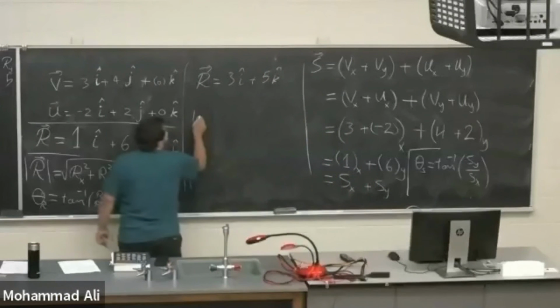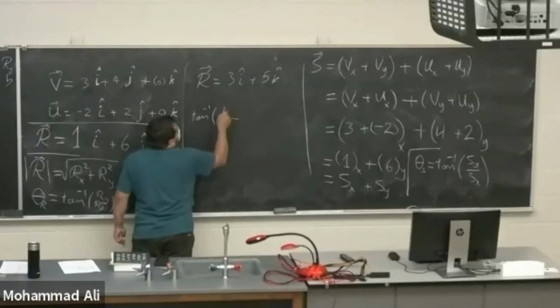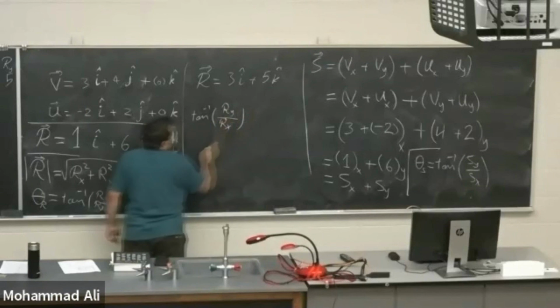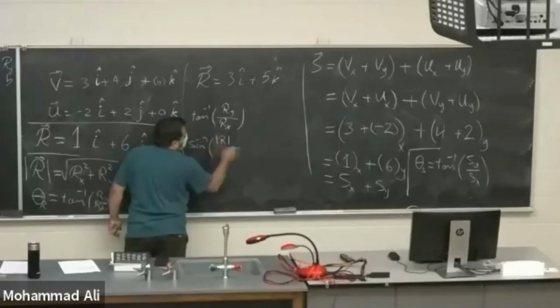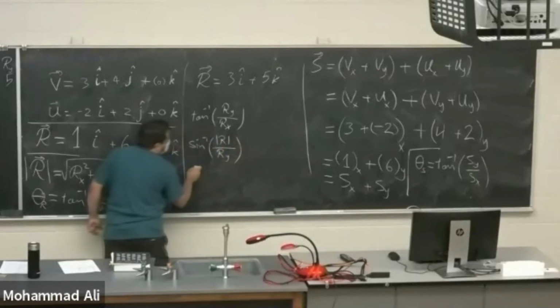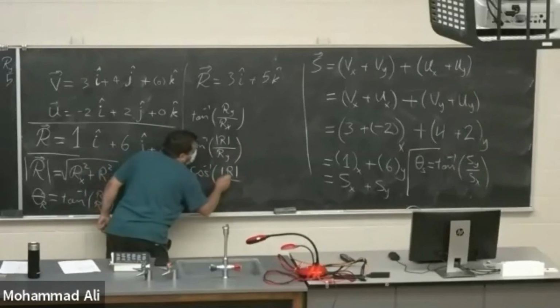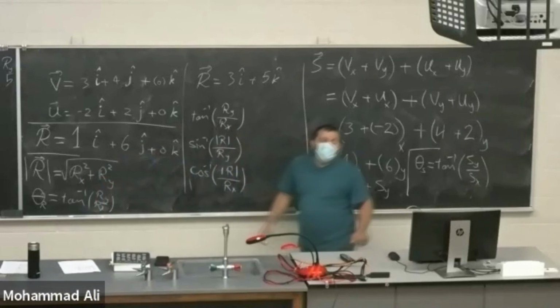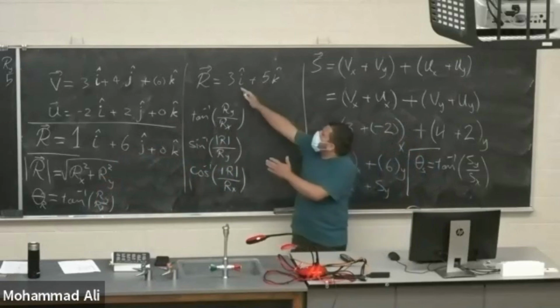We have tan inverse of ry over rx. We have sine inverse of ry over the length of r. We have cosine inverse of rx over the length of r. Which one will you use directly? The first one, because you have them given.